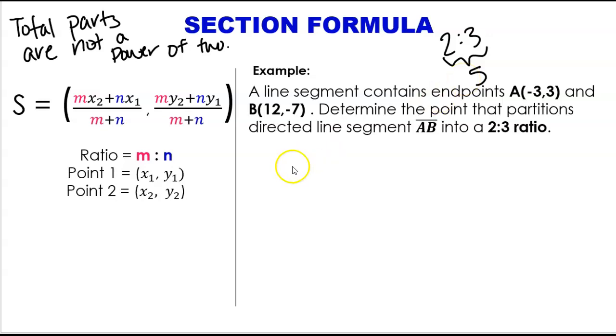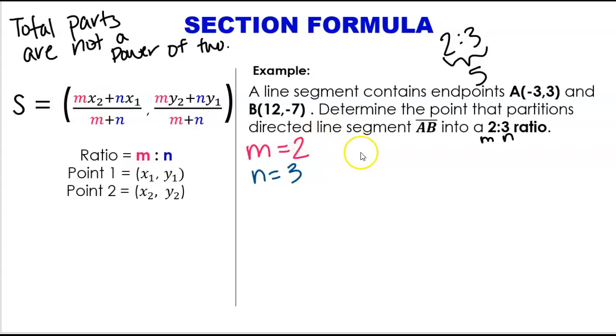Writing it out, my ratio is 2:3, which means that this is my m and this is my n. So I'm going to write those down. My m is equal to 2. My n is equal to 3.